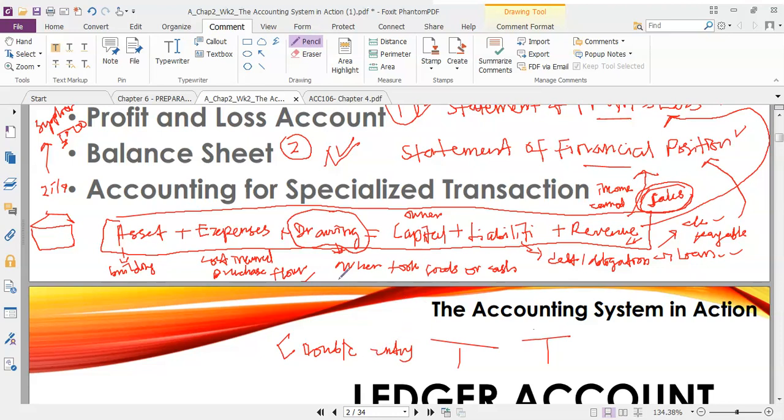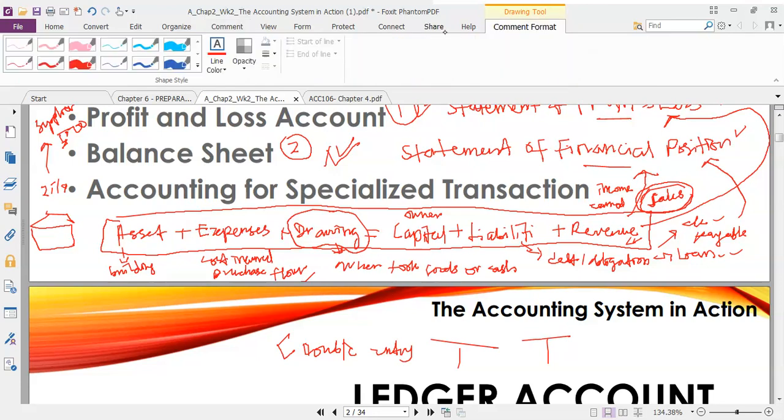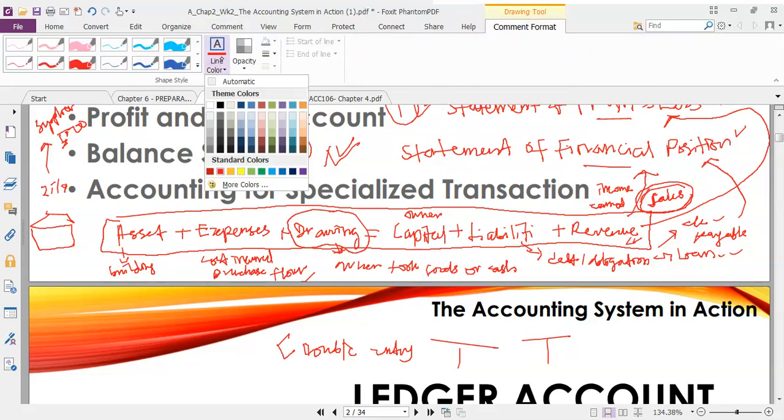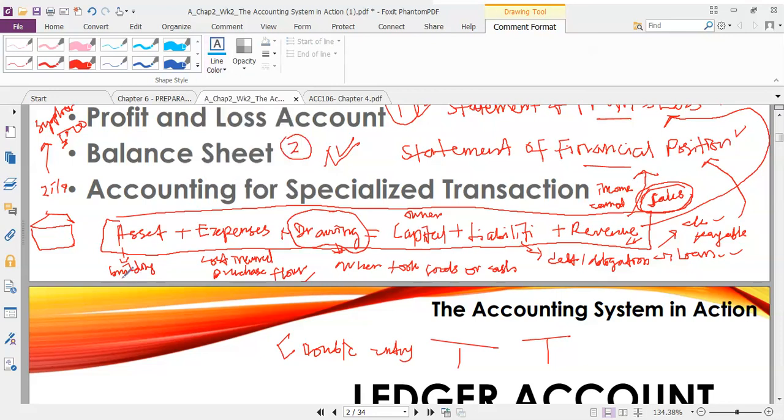So macam mana kita nak tahu? Refer kepada equation. So this is the equation or the formula. Kalau asset, expenses and drawing punya group, kita akan record dia bila dia increase. Asset, expenses and drawing bila increase, kita akan record dia dekat debit.